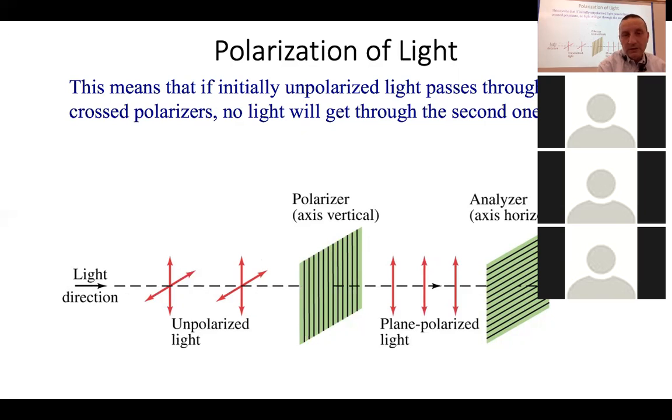This is a very simplified version of what I'm talking about. And if you can imagine that this polarized light now hits another polarizer that they're calling the analyzer, where the slits are perpendicular to the polarized light, it doesn't let any light pass through.